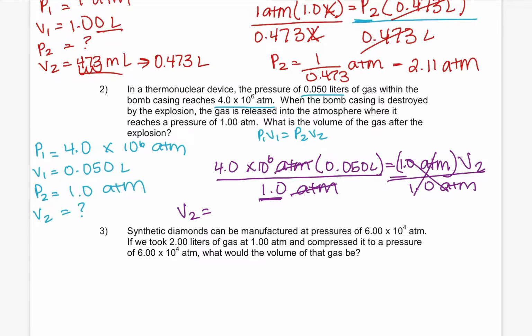So I'm going to do 4 times 10 to the 6 times 0.05, and that is going to give you 200,000 liters. So that is your new volume. Basically what you just do is plug in the numbers and solve for the variable that's missing.